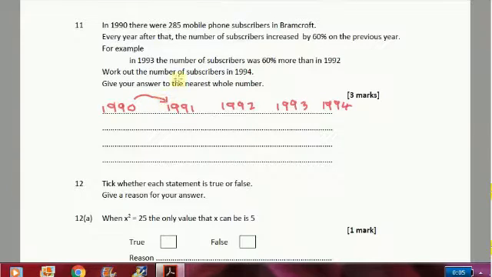we are told that the numbers increase by 60%, which means that you take the original number and multiply it by 1.6, because it's 160% of what it was. So each year we multiply by 1.6 to get the new total.